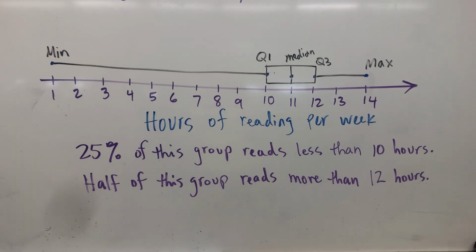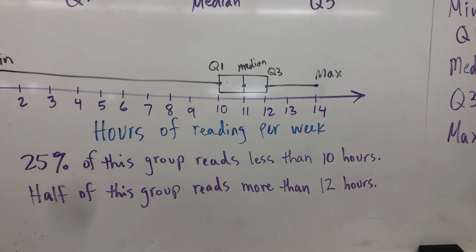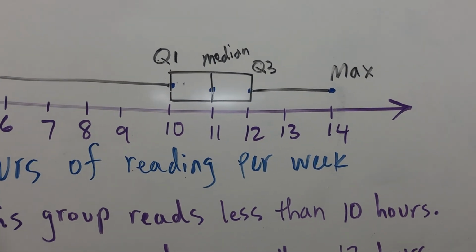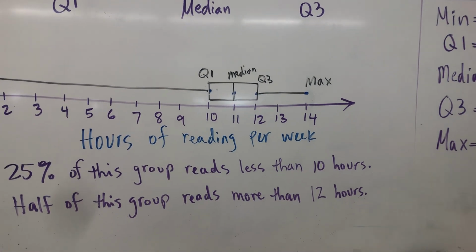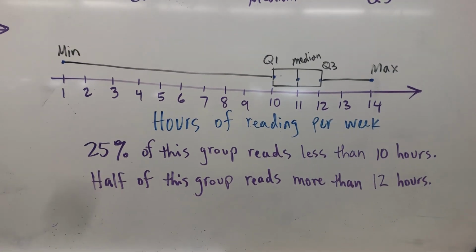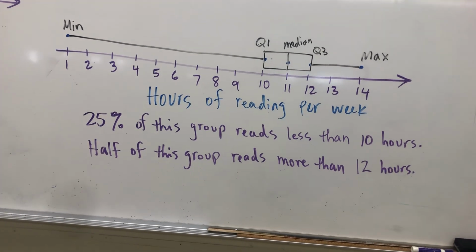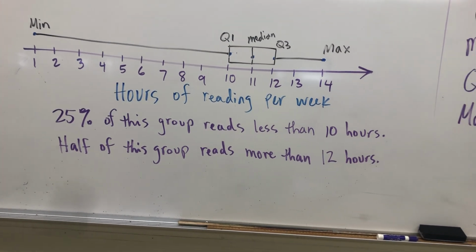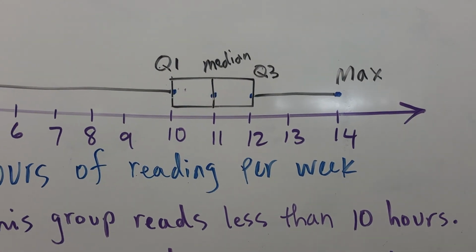The second one, half of this group reads more than 12 hours. 12 hours is Q3. More than 12 hours is Q3 to maximum, which is 25% of the data, not half of the data. So we either change the word half to 25%, or we can keep the statement the same way, but change 12 hours to 11 hours, because median is 11.